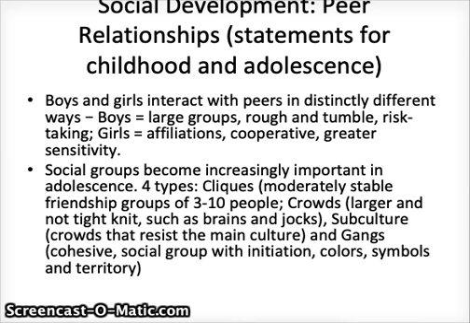A subculture is the third type of social group, and that has to do with crowds from the second type that tend to resist what the majority culture says is acceptable in the way to do things. They form their own culture as a result. And the fourth social group is known as a gang.